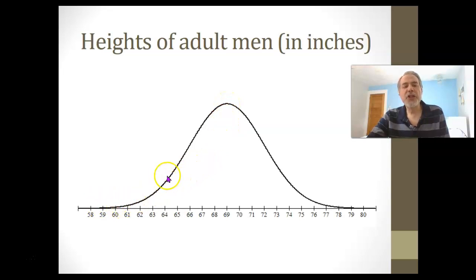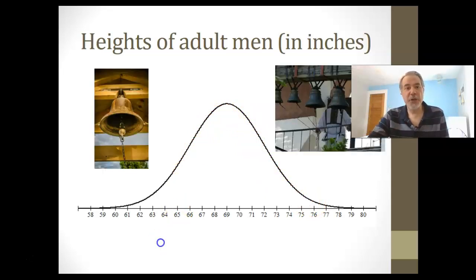And notice the general shape of this curve. It's highest in the middle, and then it sort of tapers down on either side. And this is sometimes called a bell curve or a bell-shaped curve because it's kind of shaped like a bell. So this would be a bell curve or a normal curve.